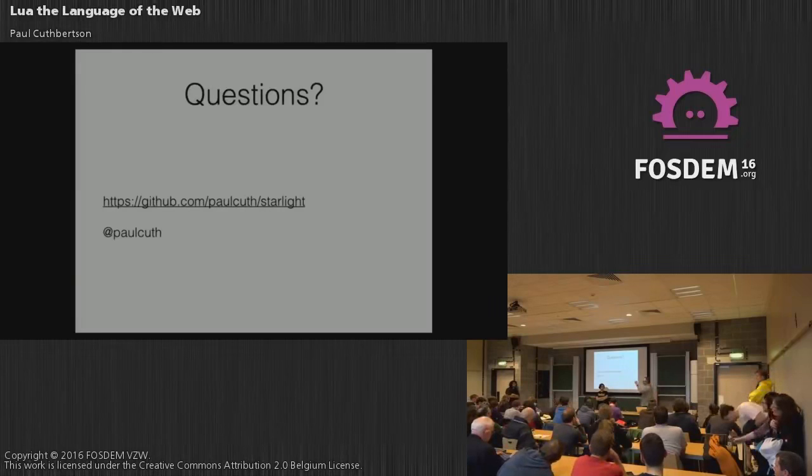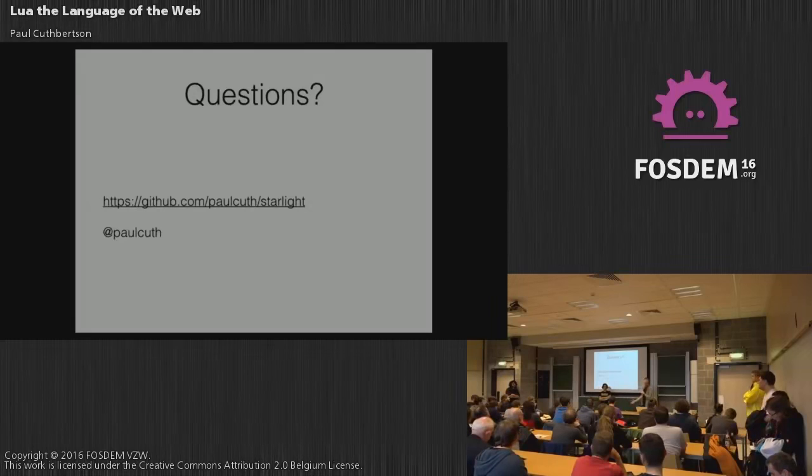Starlight takes the script tags with Lua in them, and then just translates that. It uses Lua parse, and has a code generator to take the AST and just create some JavaScript, some ES6 code that runs. So it is running JavaScript.